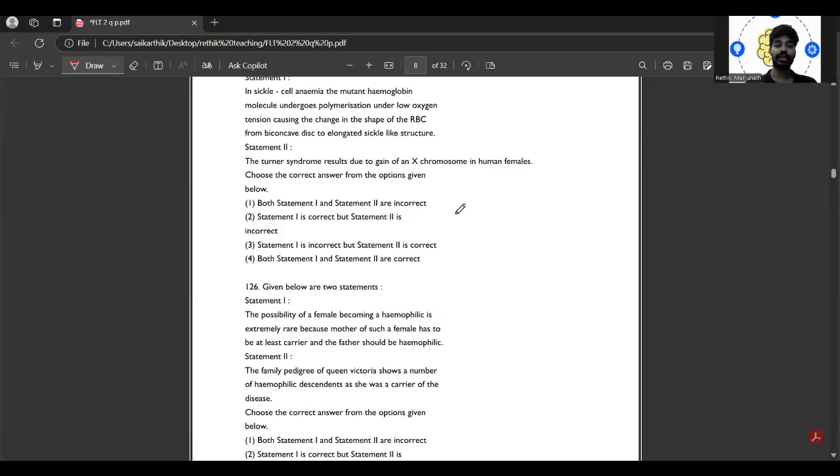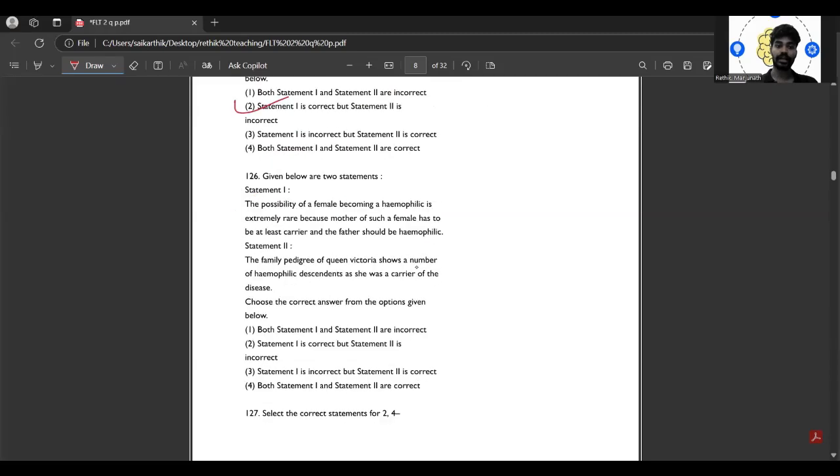So we have to choose the correct answer here. See, in sickle cell, statement one is actually correct, but statement two, that Turner syndrome results due to the gain of X chromosome, is wrong because it is loss. So statement one is the correct answer.